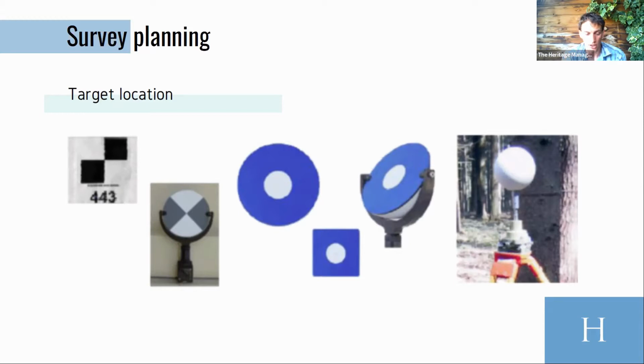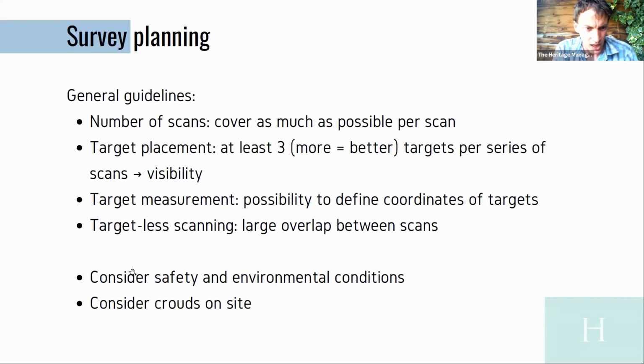So if you're working in the Greek national grid, you use some GPS measurements, you resect yourself based on these GPS measurements, and from that total station, you can measure all the centers of these targets in the Greek national grid with the correct elevation values, or in UTM, or in any other coordinate system you would like to use. In the other cases, you will have to do a forced positioning. That's something we will not discuss, but with the total station, it's very easy, of course, to measure these coordinates of the black and white targets. So you can do that with a total station.